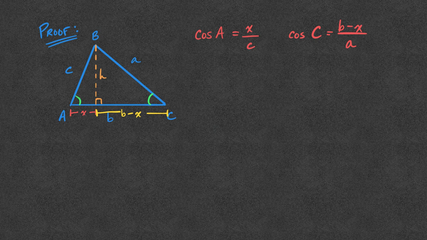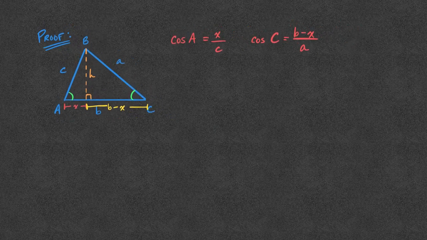Remember, don't get stuck thinking about what is the most current or the latest thing you learned. Go back to the beginning. When we made a note of everything at our disposal, I haven't used one of them. What about our good old Pythagorean theorem? What I'm going to do is build the 2 Pythagorean theorem relationships that I could build on that diagram. Look at the left side right triangle.